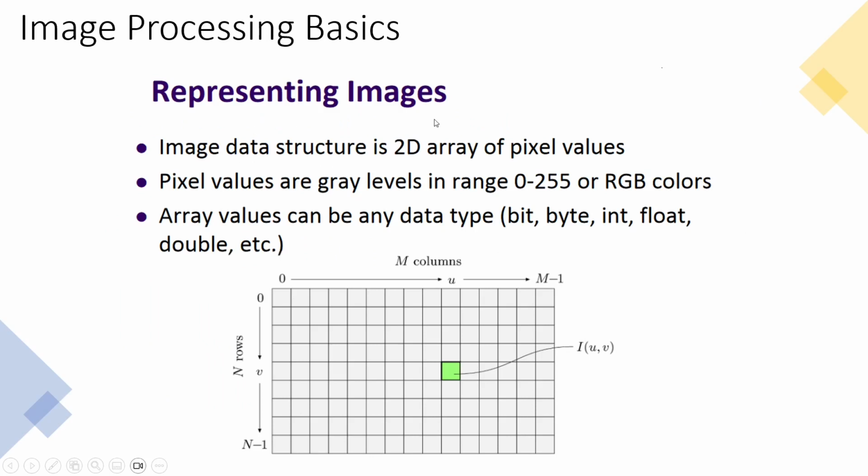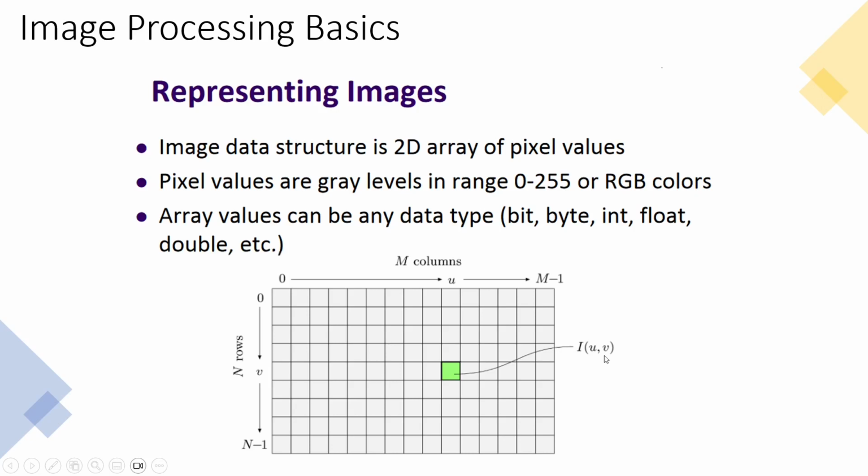And the representation of the image, we said that's a two-dimensional array with m columns and n rows. And in order to represent a single pixel, what we usually do is we use the abbreviation I, that's the abbreviation of image.